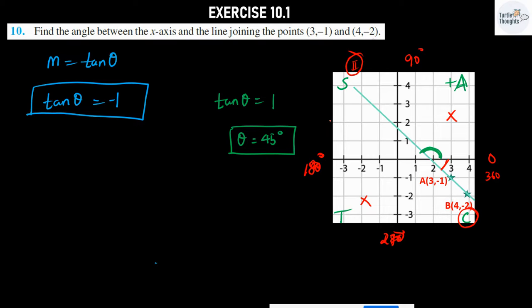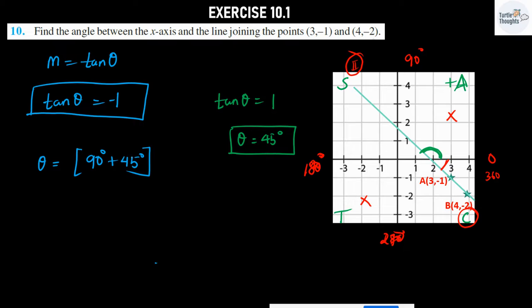Since it has to lie in the second quadrant, can I tell that here tan theta, if it is equal to -1, then theta is going to be equal to 90 degree plus 45 degree?